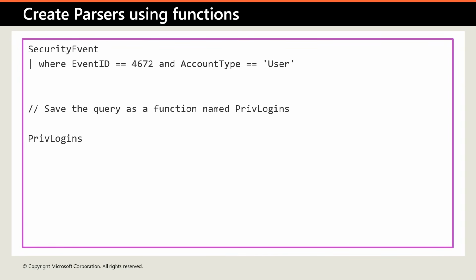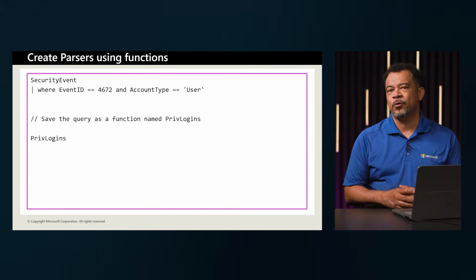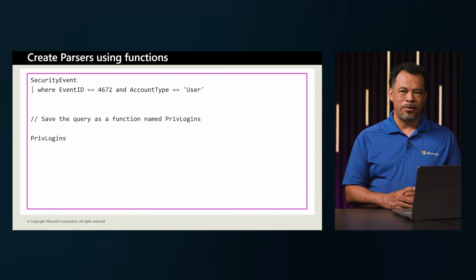So this demonstrates how to create and use a function in KQL to simplify and reuse a query. Here's what it's doing. The first part of the query is the filter, and it's filtering the SecurityEvent table for event IDs where the EventID is 4672. The comment suggests saving this query as a function named PrivLogins.